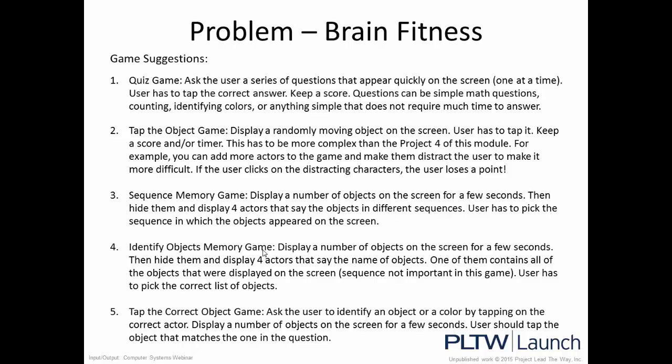Again, feel free to read through them, but they range from quizzing, asking questions and tapping on the right answer, to random movement, similar to project number 4, to identifying options like a memory game, and sequencing, etc. So there are a lot of options out there, and I think they're all pretty doable for the students.